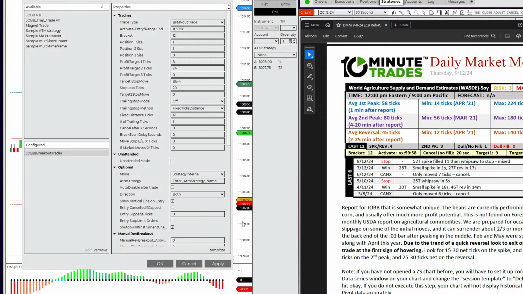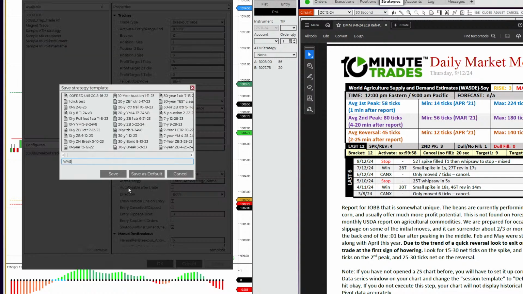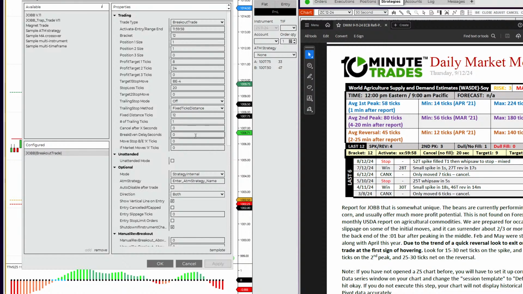I'm going to set my time. Let's save the template, and we'll call this WASDE ZS, today's date. And I'll put my time at 0 to check my brackets.